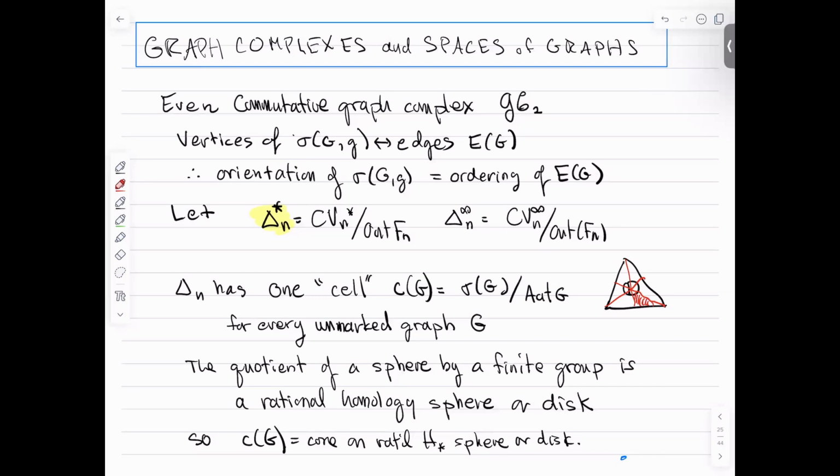Okay, so here's a fact: if you have a quotient of a sphere by a finite group, it's either a rational homology sphere or a disk. So this cell C of G is the cone on the boundary sphere, and the quotient by the automorphism group of G is either a homology sphere or a disk. So the quotient cell is a cone on a rational homology sphere or a disk.